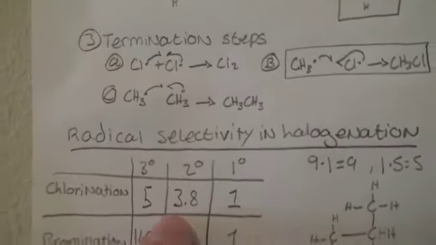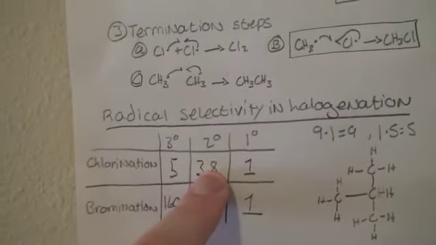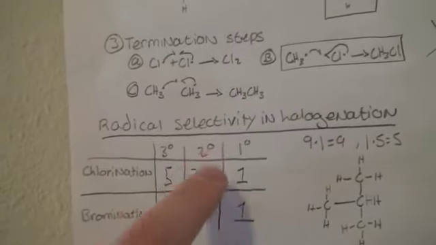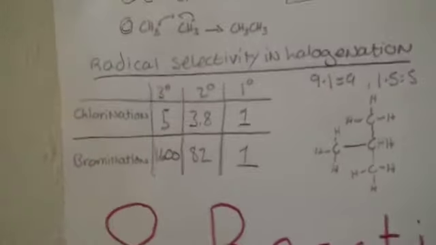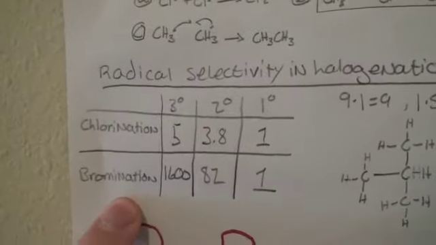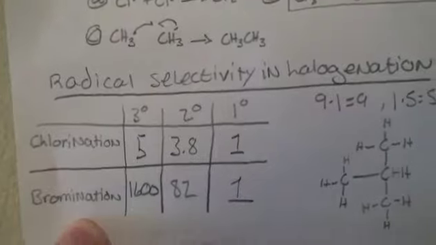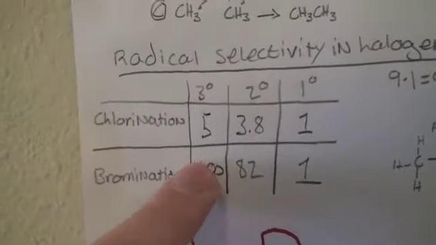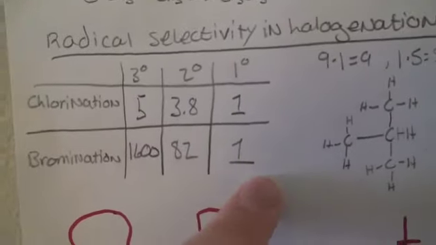These are the speeds at which, for bromination and chlorination, the Cl dot or the Br dot will selectively go toward these 3 different types of carbons. Starts with 1. Bromination is pretty exclusive in the sense that the tertiary product will form 1,600 times faster than the primary product.